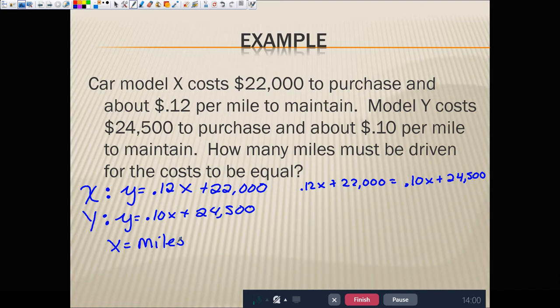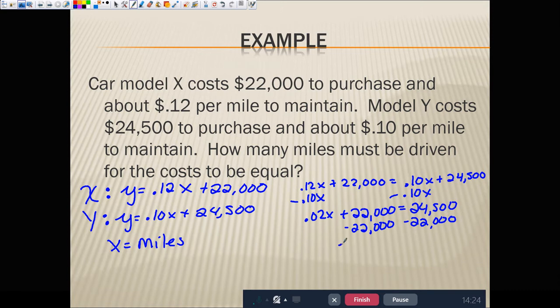So I'm going to subtract 0.10x from both sides. So that means that I'm going to get 0.02x plus 22,000 equals 24,500. Subtract 22,000 from both sides.